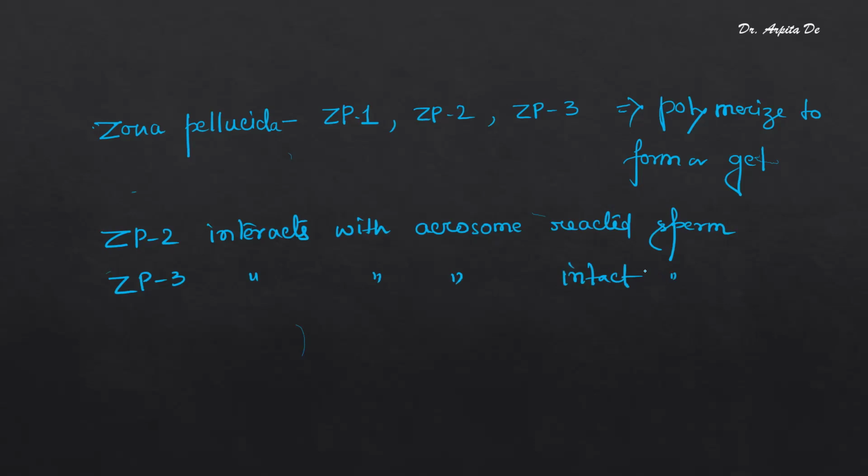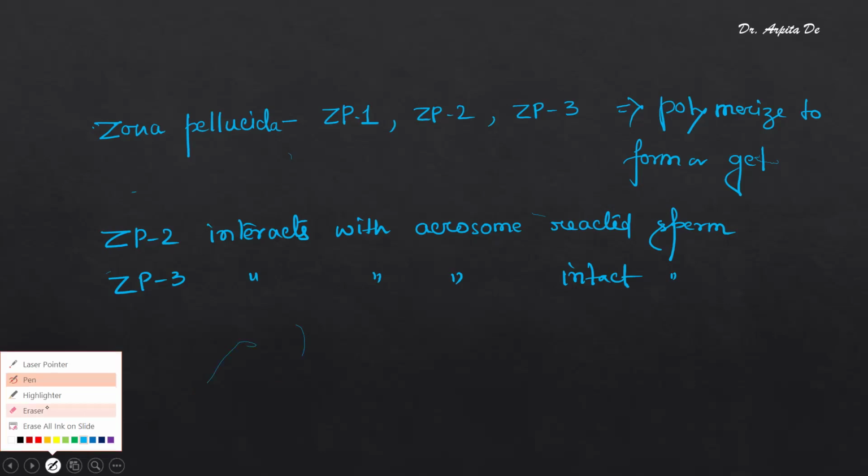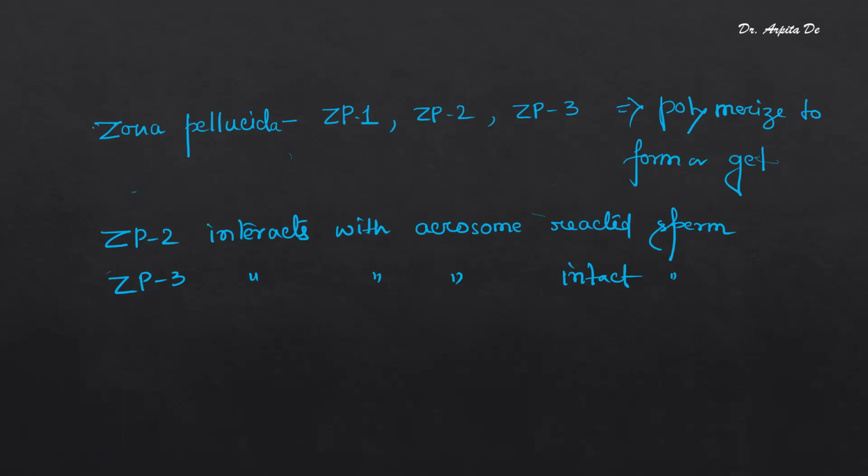ZP3 has N-acetyl glucosamine residues on it, and their receptors are present on intact acrosomes. These are the receptors for N-acetyl glucosamine.